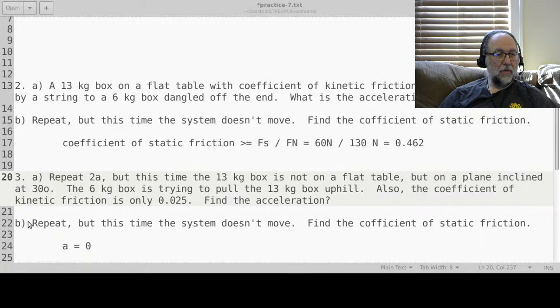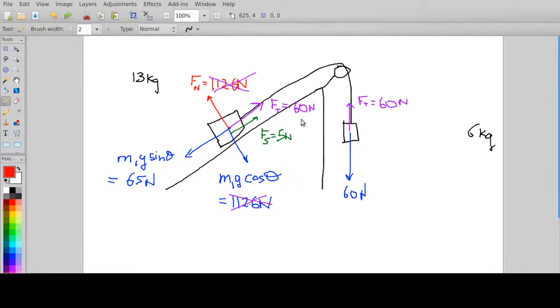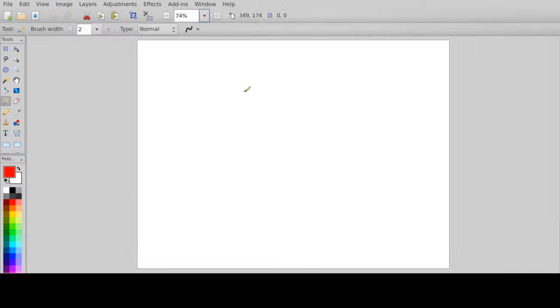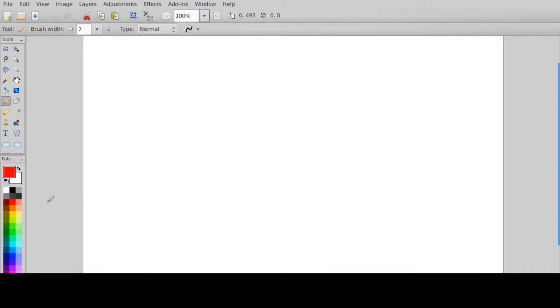Let's start with a picture. The picture is going to look a lot like this, but this one's a little bit too messy now. It's hard for me to rub things out in this graphics editor, so let me just start over. All right, here we go.